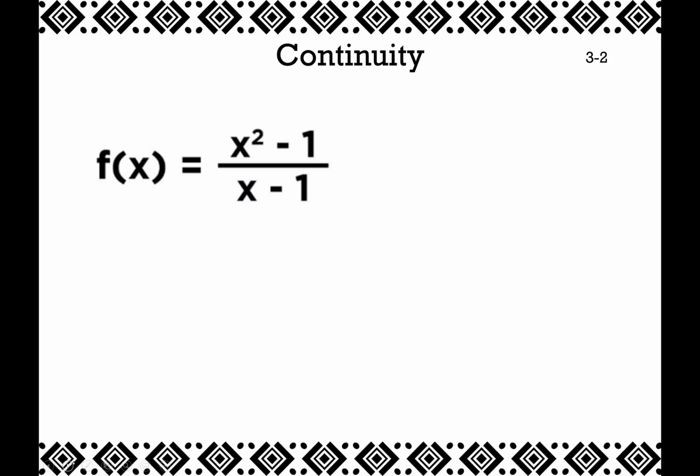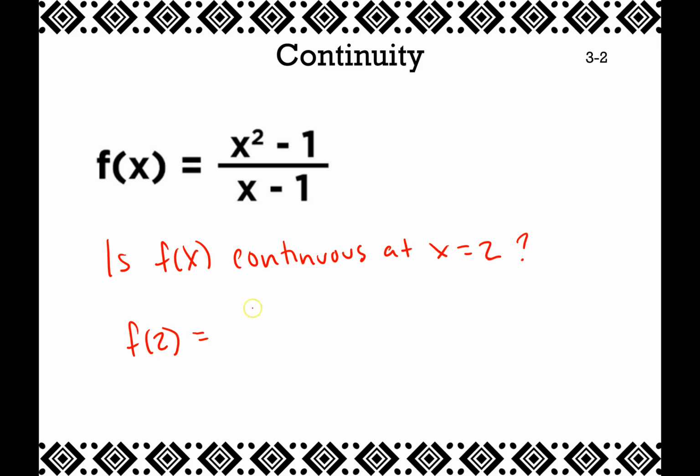How else can you figure out if something is continuous? Well, you can just plug right in. Is f of x continuous at x equals 2? Well, let's see. Let's plug in 2. F of 2 is equal to 2 squared minus 1 over 2 minus 1.